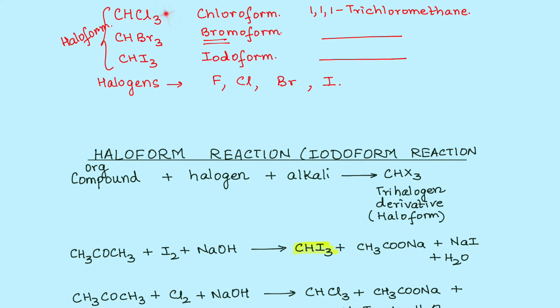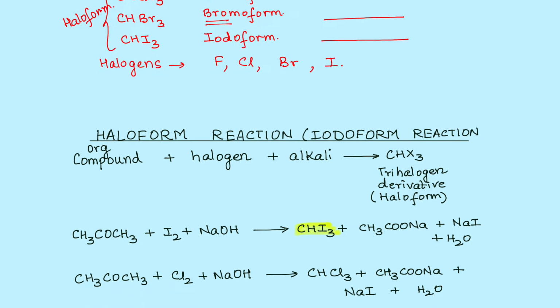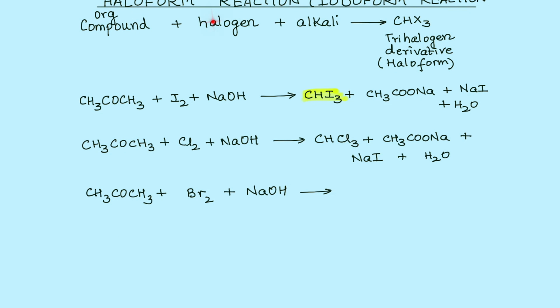So either I'll get chloroform, bromoform or iodoform, depending upon the halogen that I have used. For example, I take the organic compound CH3COCH3 and react it with iodine and NaOH. I get CHI3 iodoform, sodium acetate, sodium iodide and water.